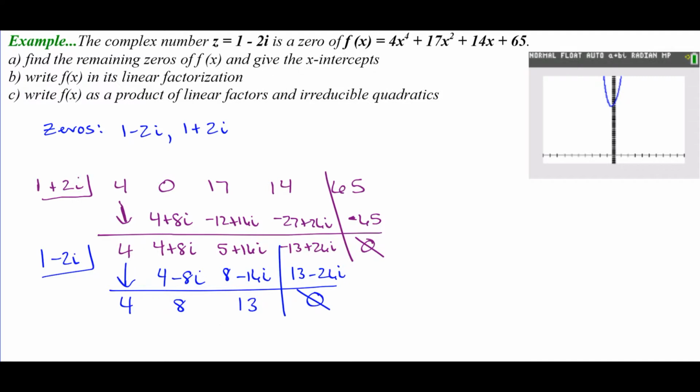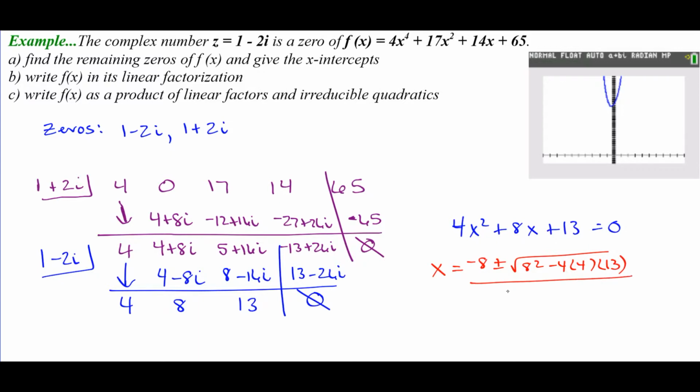And then we're left with 4x squared plus 8x plus 13, and I want to extract the zeros from that, so I'm going to set this equal to 0. I'm going to use the quadratic formula here. So x is negative 8 plus or minus the square root of 8 squared minus 4 times 4 times 13, all over 2 times 4.